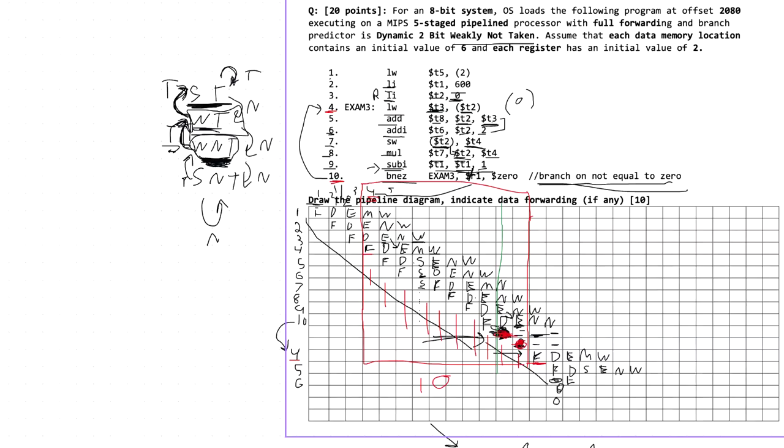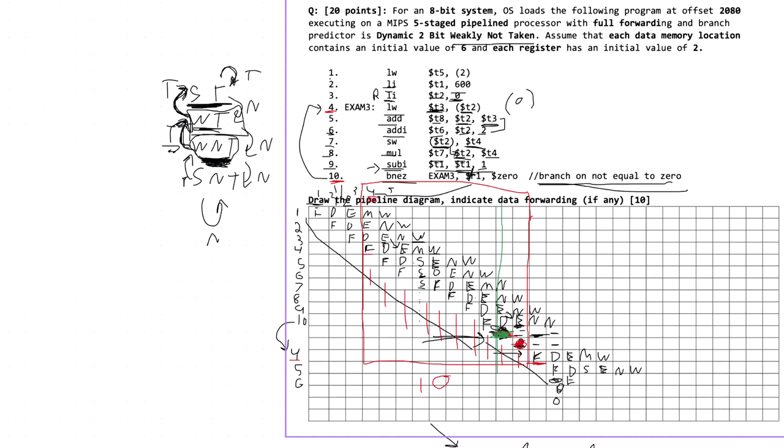Right here. This is where we would fetch the next instruction. Because now that our branch predictor is weakly taken, this tells us right from the decode stage, I want you to take the loop. This will end up being correct, right? So after this point, I don't have to worry about ever again having a bad instruction or unused cycles, until the end. Then we have to flush, but that's whatever.